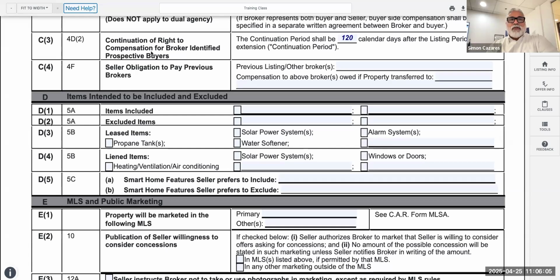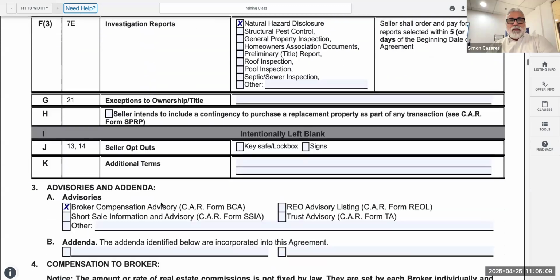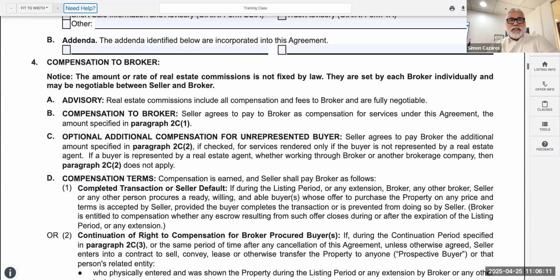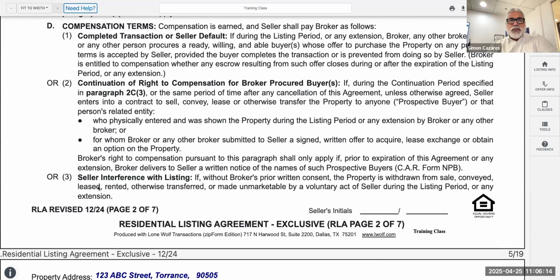That's a good point. So let's reference where it says 4D2. So let's go to 4, and then go to D2. Okay, so let's read what it says here. It says continuation of rights of compensation for broker procuring buyers.